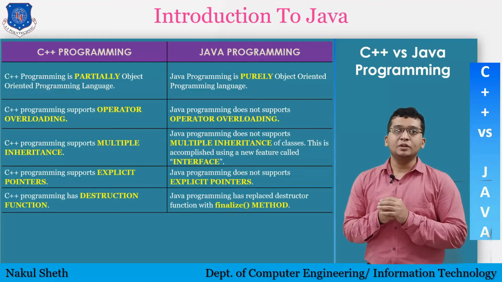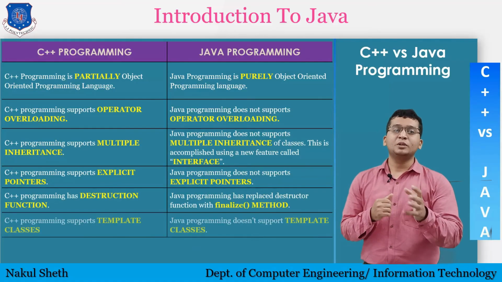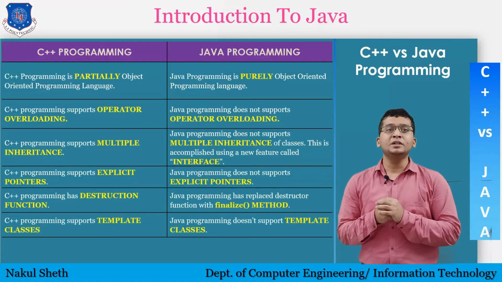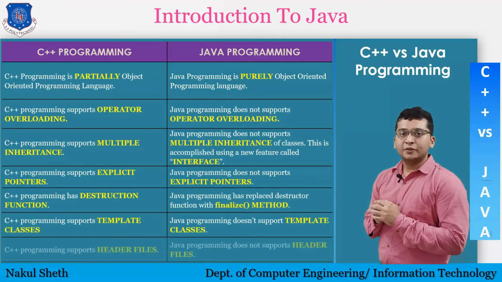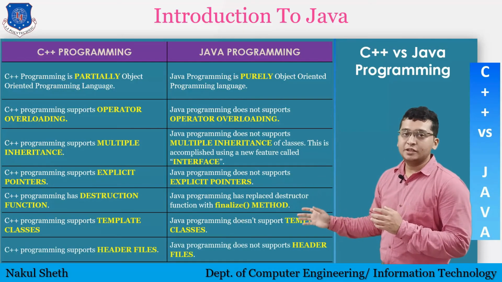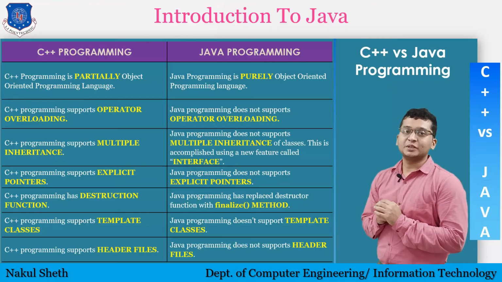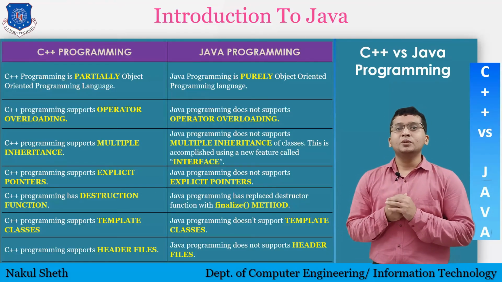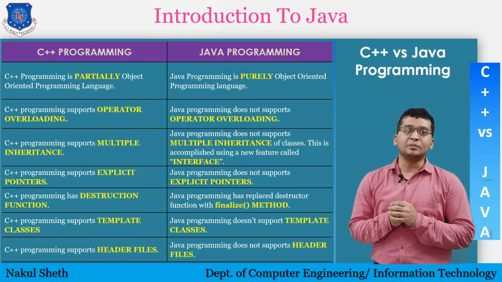Now this finalize method will be discussed in the garbage collection topic. Now the next difference is C++ has template classes, but Java doesn't support template classes. And the last difference about C++ versus Java is C++ supports header files due to support of a preprocessor, but Java doesn't support a preprocessor, so we can't implement or use header files in our Java program.